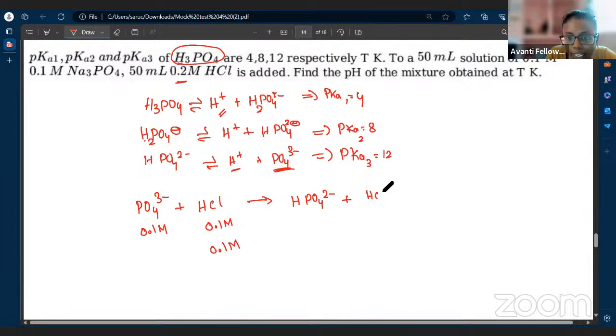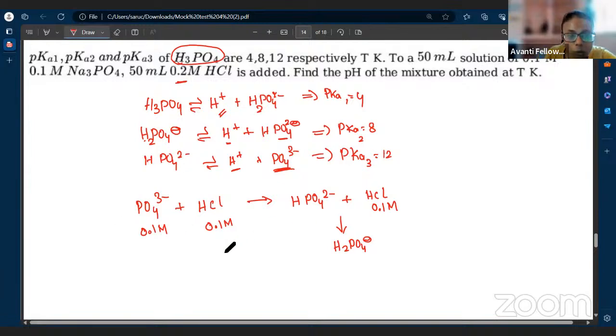If I add one more H+ to HPO4 2 minus, I will get H2PO4 minus. So if I add one 0.1 M HCl, I get HPO4 2 minus, and if you add one more 0.1 M HCl, we get H2PO4 minus.